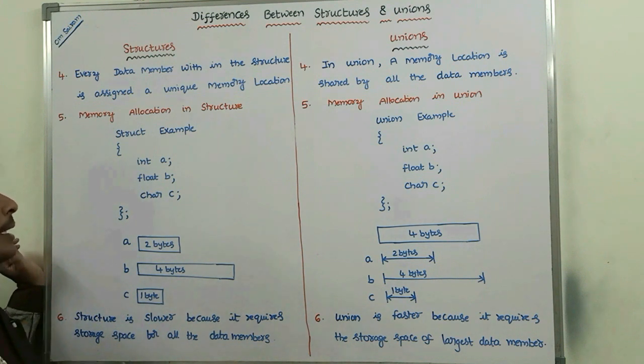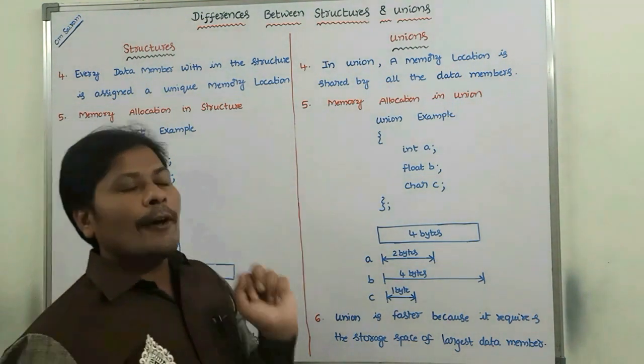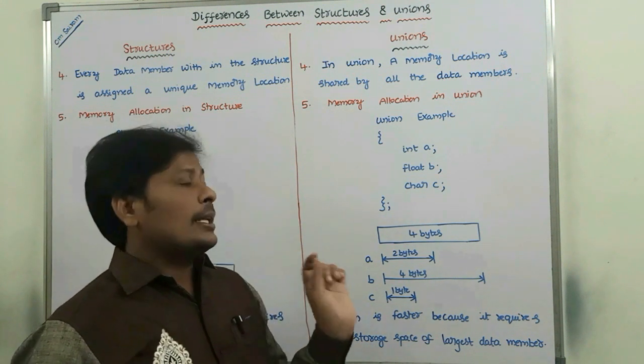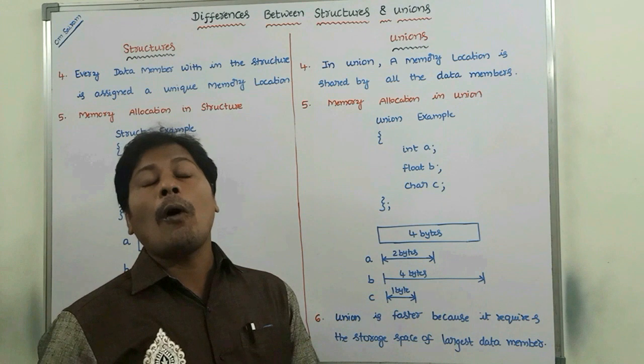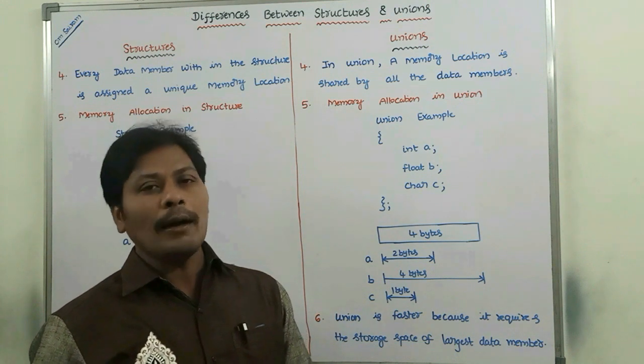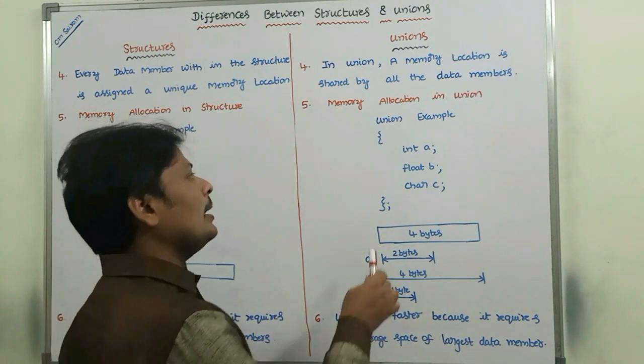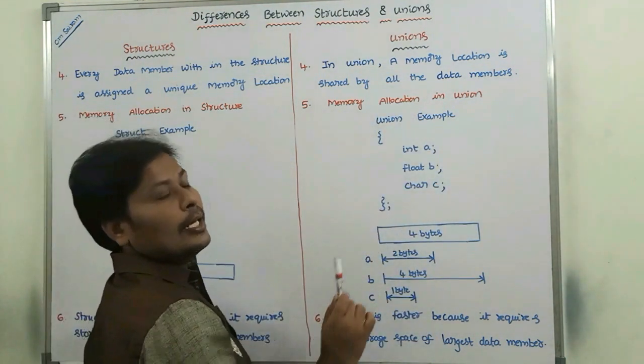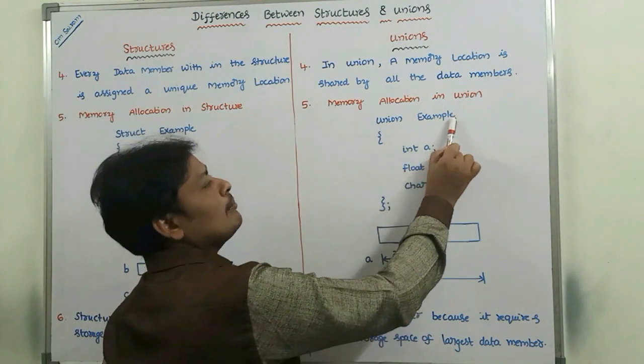Next one, in the case of union, a memory location is shared by all the data members of the union. For example, we can take the same structure like union. Union name is example.